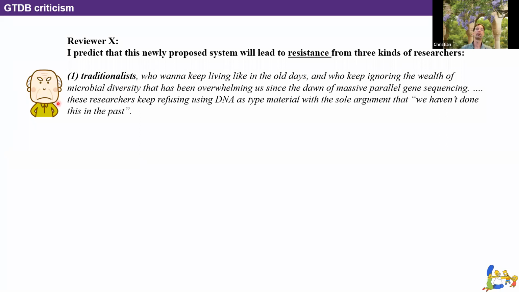Number one, traditionalists, who want to keep living like in the old days and who keep ignoring the wealth of microbial diversity that has been overwhelming us since the dawn of massive parallel gene sequencing. These researchers keep refusing DNA as type material with the sole argument, we haven't done this in the past.